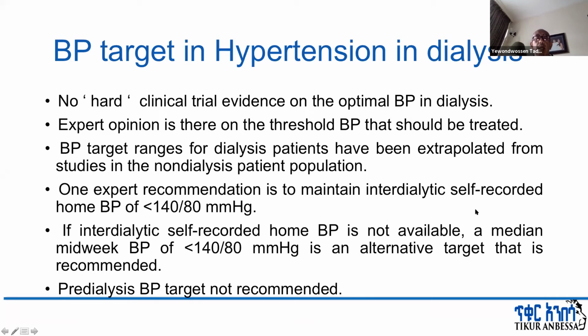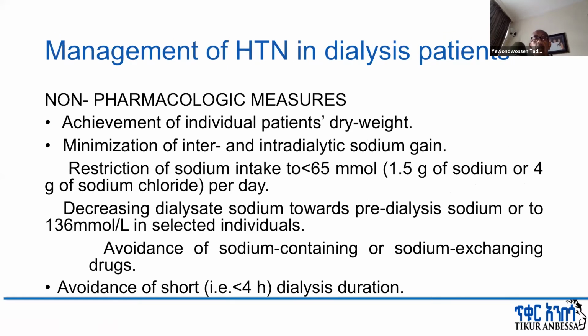When interdialytic self-recorded blood pressure is not available, the median midweek blood pressure of less than 140 in the dialysis unit can be an alternative target. But this is again an issue for discussion and debate. The emphasis that we should not use pre-dialysis blood pressure as a target should be recalled.